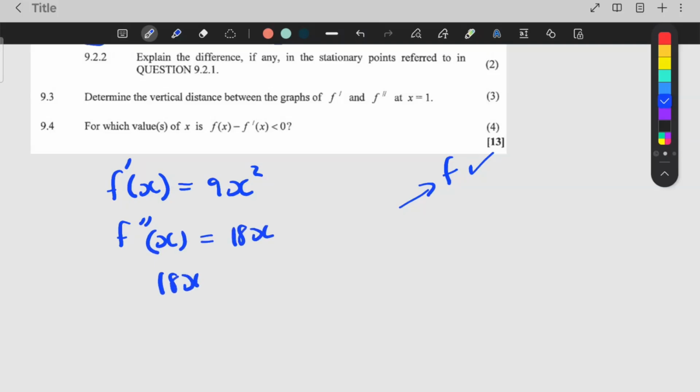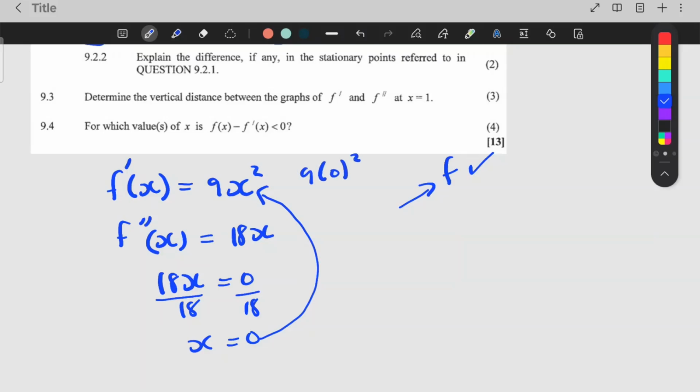And you take your 18x and you make it equal to 0, and you solve for x. So the x is 0. Then I sub it into that 9x squared, and I also get 0. So the turning point of the parabola is also 0 and 0. So this is also a turning point for the first derivative.